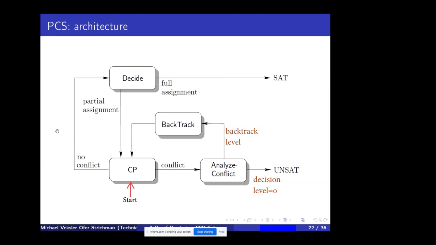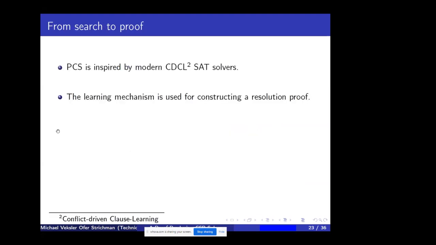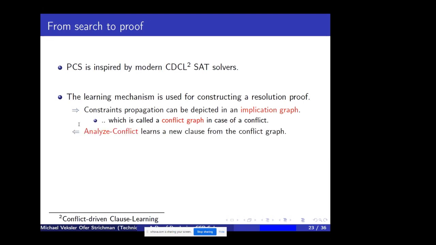So the structure here is really very similar. As I mentioned, it is inspired by modern SAT solvers. The learning mechanism is used for constructing the resolution proof. And I will now go over how this learning occurs and how analyze conflict works.